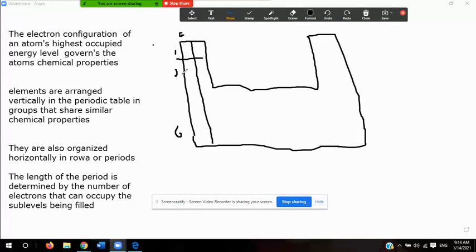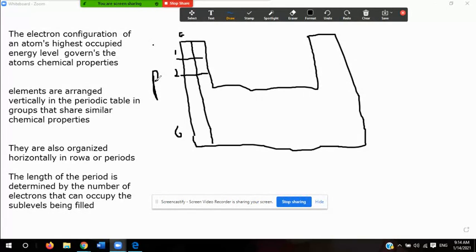The horizontal arrangements are called periods. So group is vertical, periods are horizontal, and the length of that period is determined by the number of electrons that can occupy the sublevel being filled.